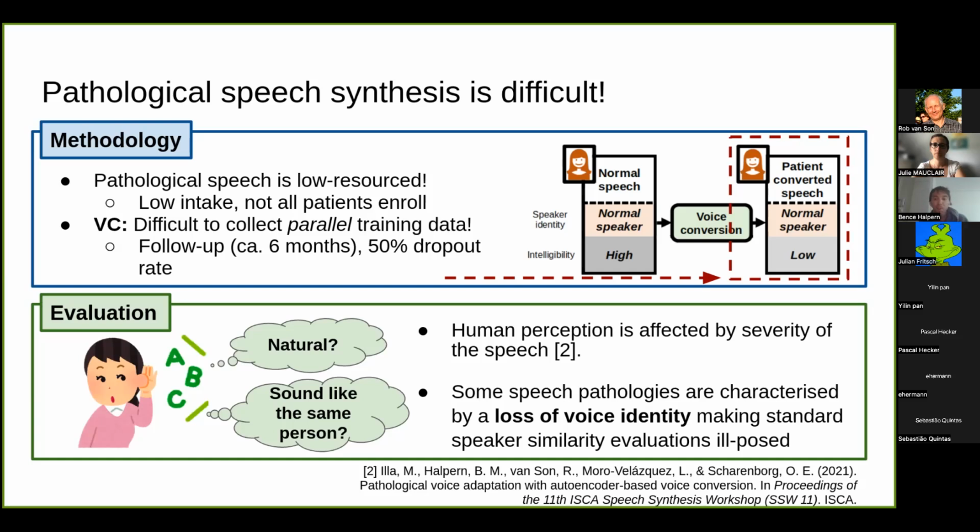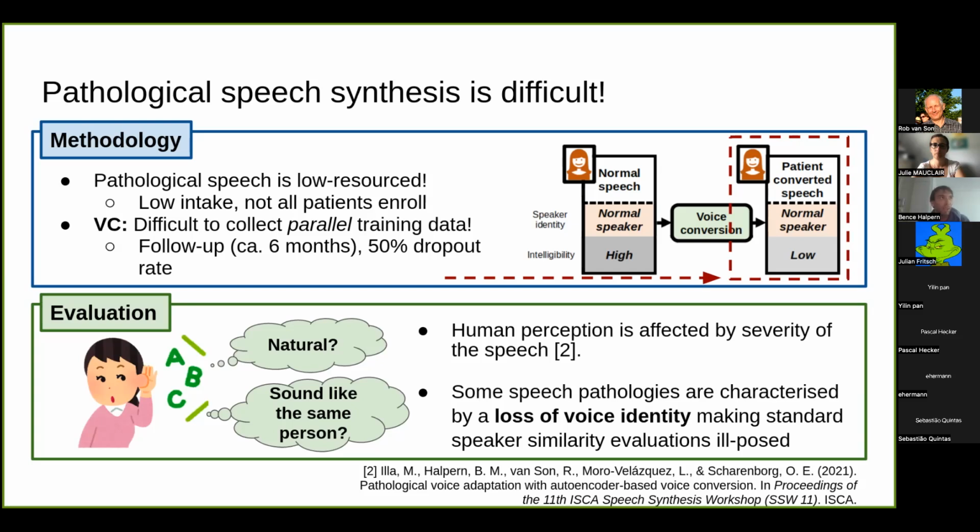Second, in certain speech pathologies, we have something called the loss of voice identity. And in voice conversion, what we also do is try to quantify whether the synthesized speech sounds similar to the speaker that we want to synthesize.